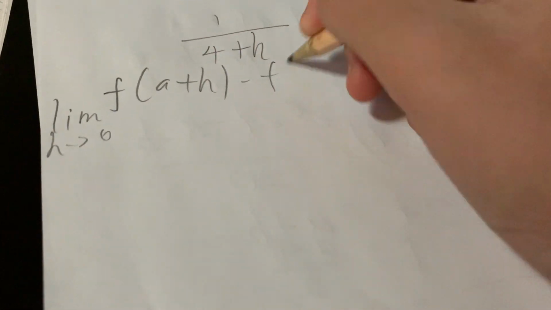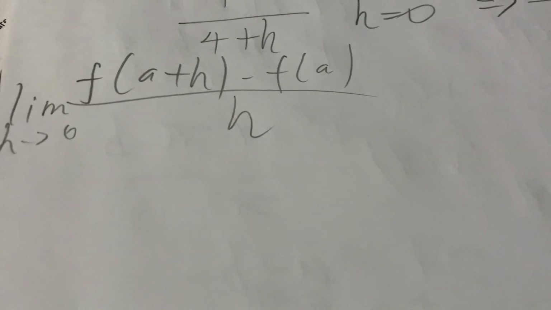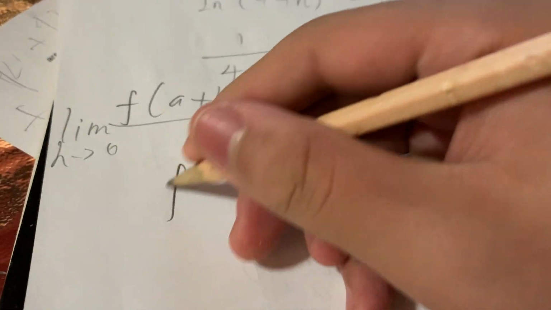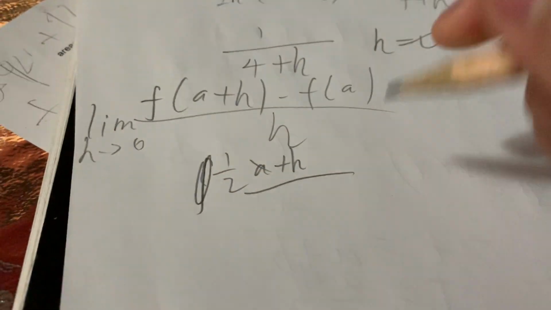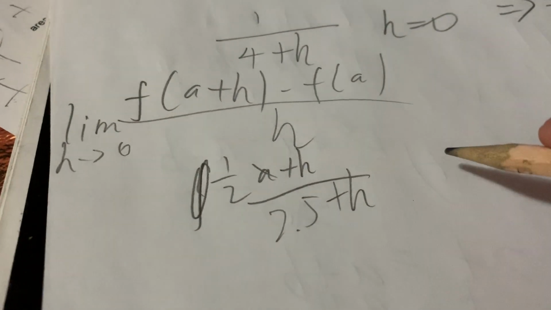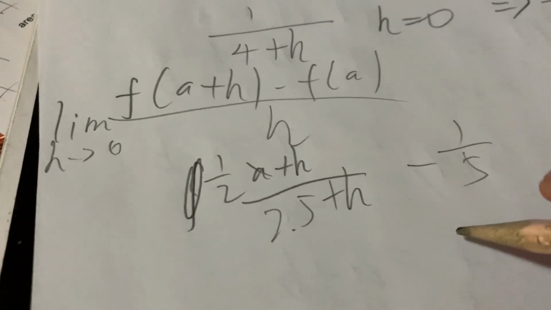Okay, so to get this problem, we use this: the limit as h goes to 0 of f(a plus h) minus f(a), divided by h. So in this case, we apply this with a plus h, where a is 1 over 2, so 0.5, 2.5 plus h, minus 1 over 5.